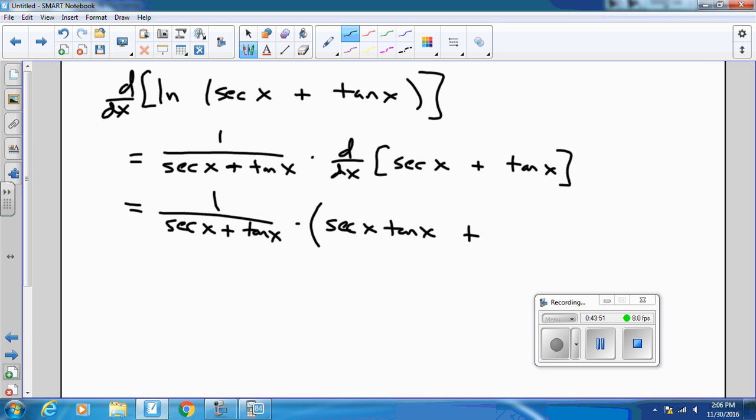It'd be secant squared. It'd be secant squared. Okay.